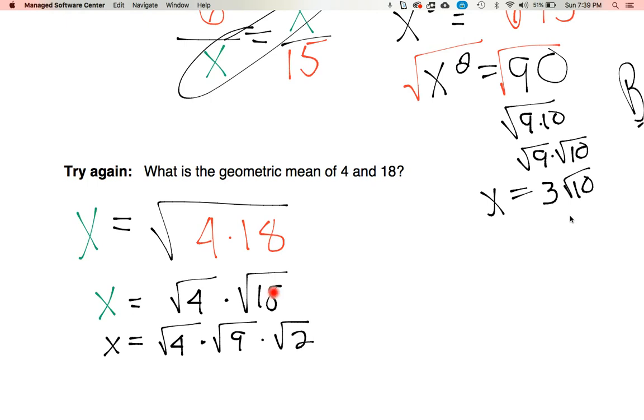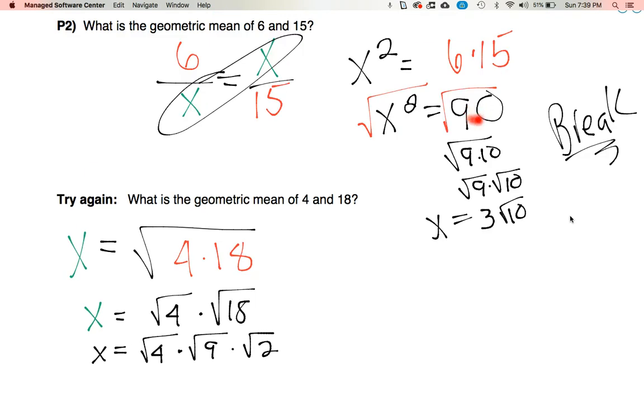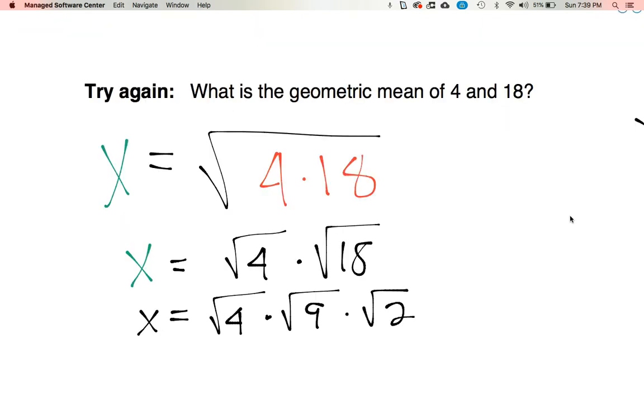Notice I went straight from 18 and I split it up, the 18, and I split up the square root all in the same step. So basically I went from here, skipped that step, and went to here. Now don't start bringing things back together yet. This is 2 times 3 times the square root of 2.